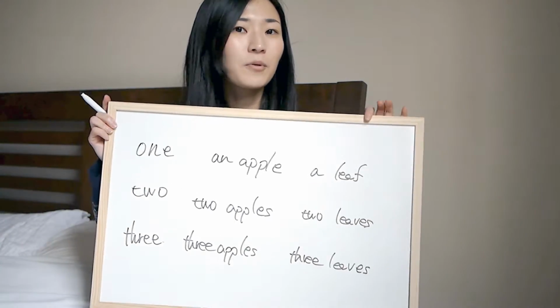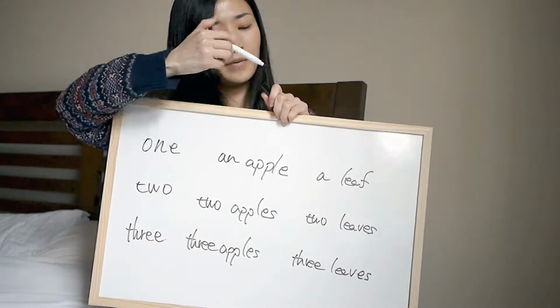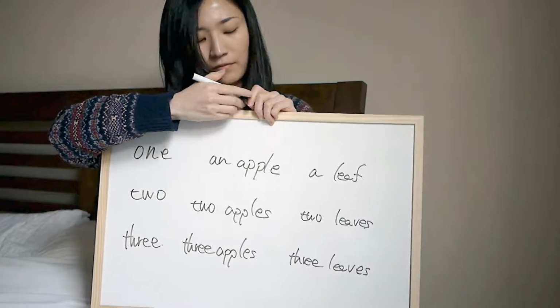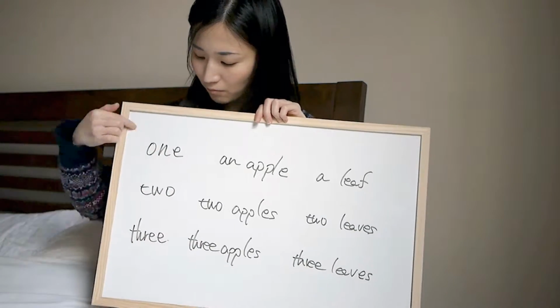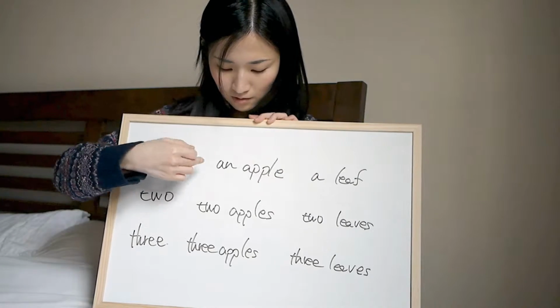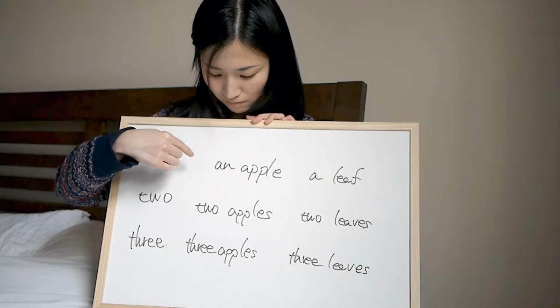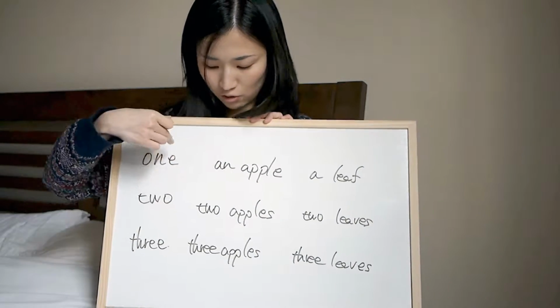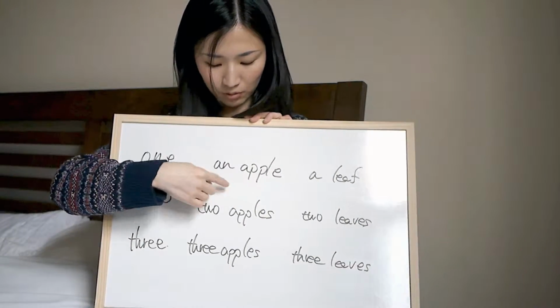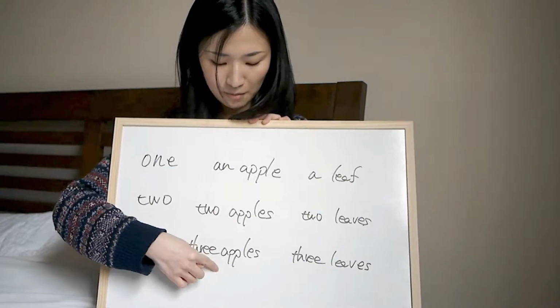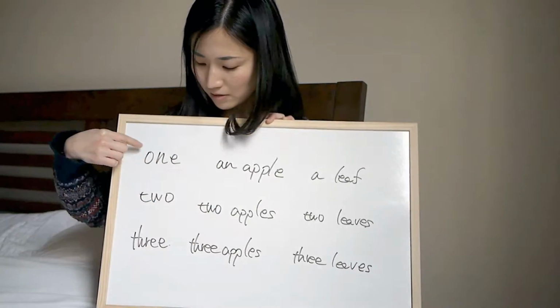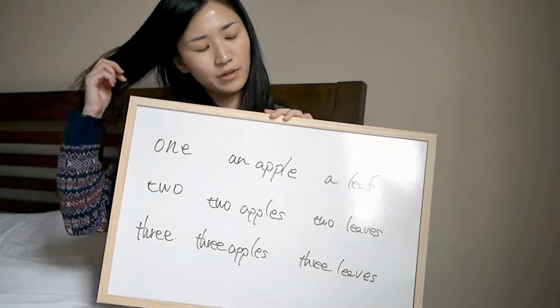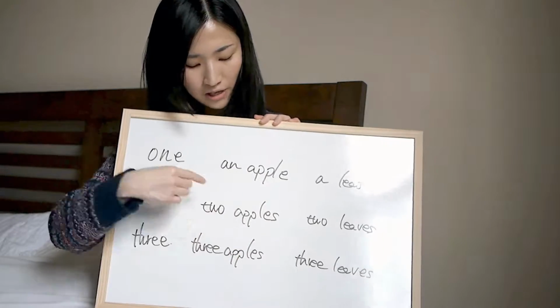So this is an example in English. The numbers 1, 2, 3 are always, well, one changes to an, so one apple is an apple, and then two apples, three apples. So the number is the same as the original number, but the noun changes slightly.